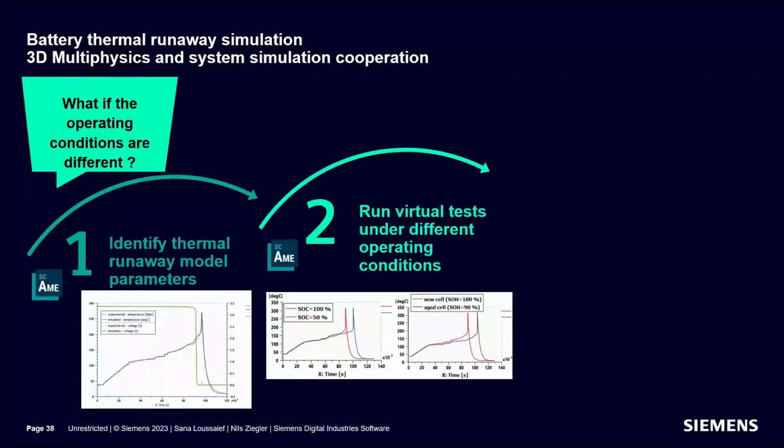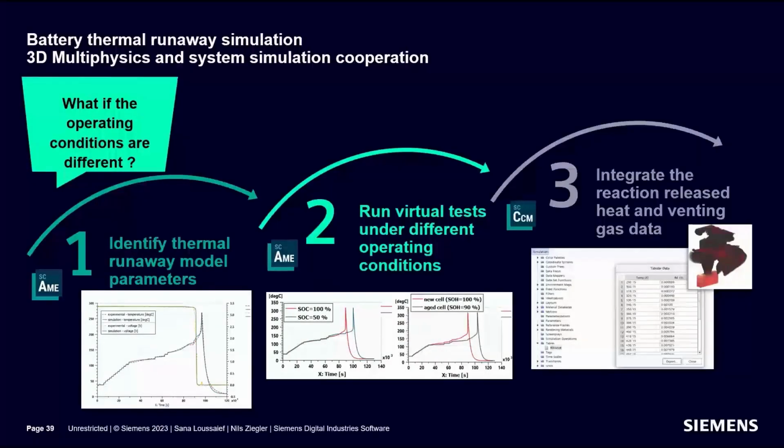Now, once the parameters are identified and the thermal runaway model is validated, you can run virtual tests under different operating conditions. This includes different initial state of charge and different state of health for the battery. From these virtual test results, you can integrate the heat release from reactions as well as the venting gas data into STAR CCM plots.